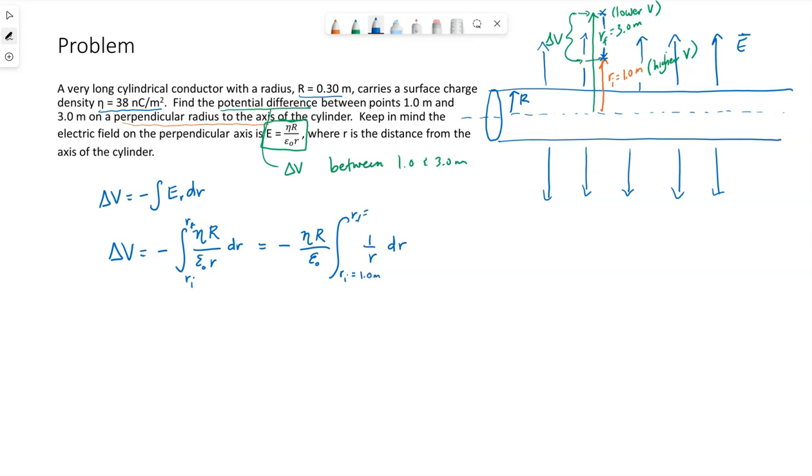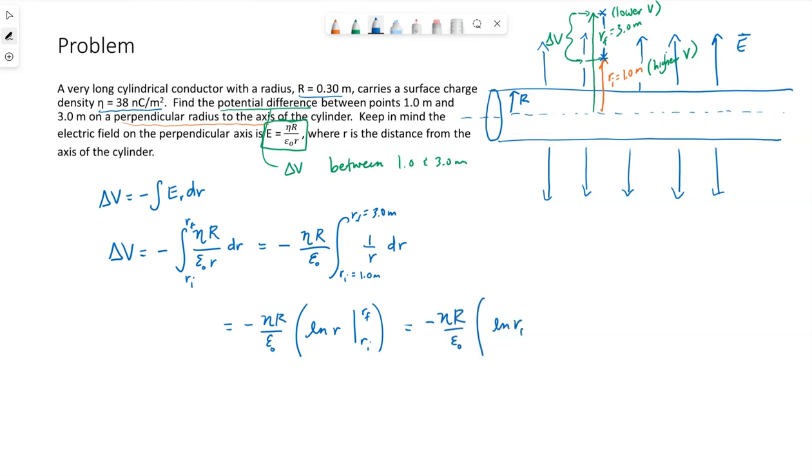The upper limit is going to be the upper limit, or the final point we get to, of 3 meters. All right, so I still have eta capital R over epsilon naught. Integral of 1 over r is the natural log of r, which we need to put in. So evaluate between those limits.